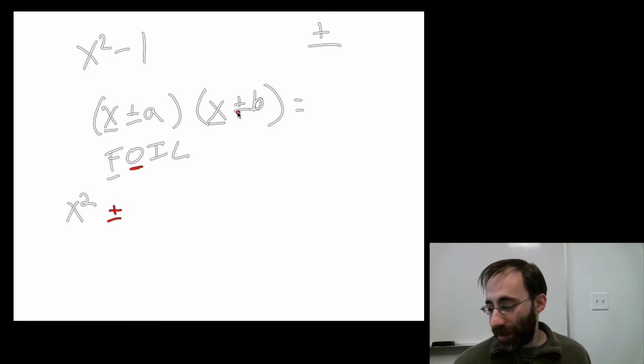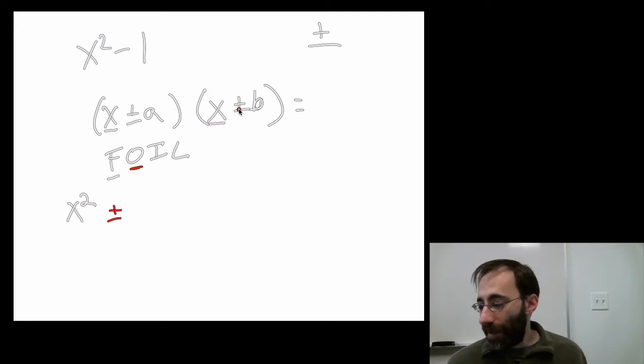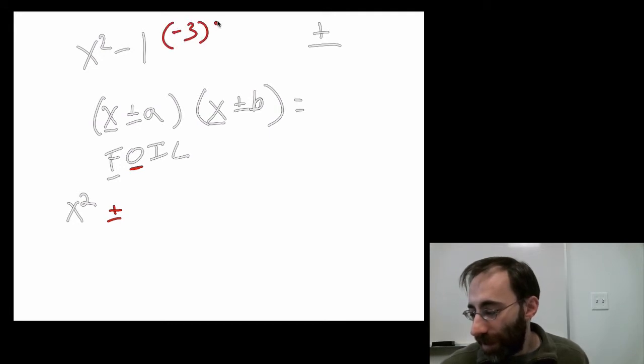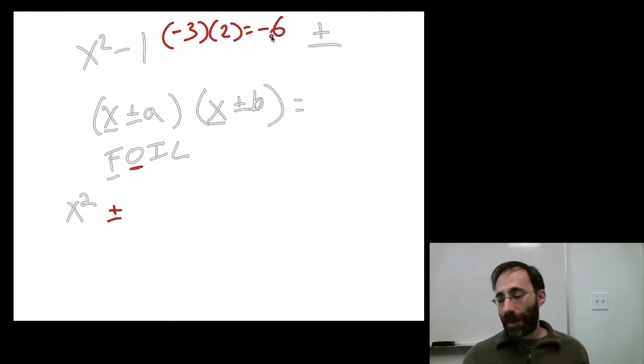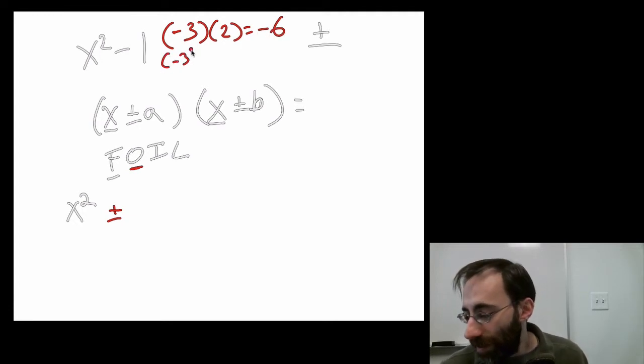That's plus or minus because this could be a minus or a plus. Remember, if you have a negative number times a positive number, the sign of that is negative. If you have two negative numbers, the sign is positive.